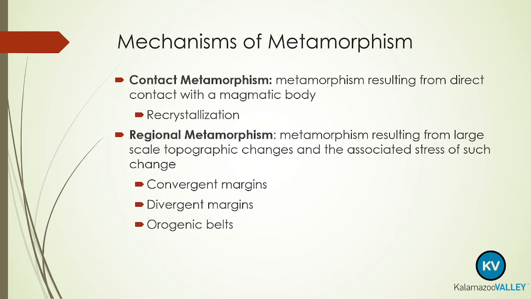So this happens at convergent margins, where tectonic plates converge or come together; divergent margins, where tectonic plates diverge or move apart; and orogenic belts, which for all intents and purposes are essentially convergent margins on steroids, with a very high amount of volcanism and earthquake activity.